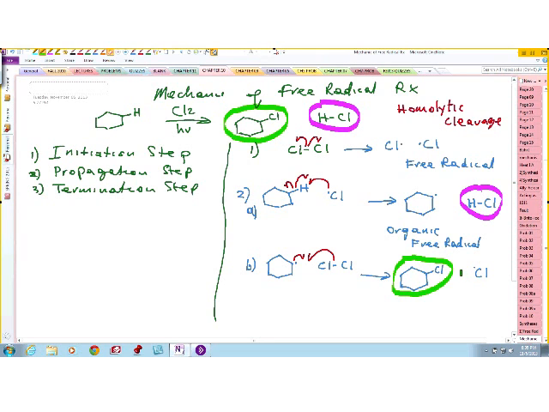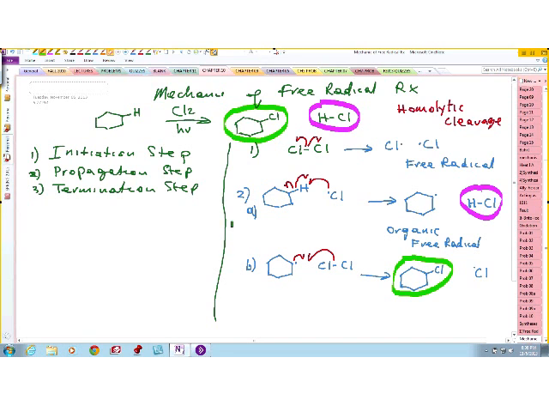Now you have formed a loop, and it goes back to start the propagation step all over again. Keep in mind, in the initiation step, you start with just a very small amount of free radical, because once the propagation starts, it generates the free radical by itself. So it's almost like a loop, which keeps going until all the chlorine is gone.